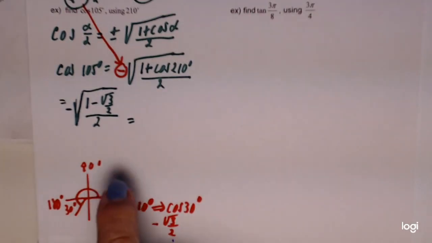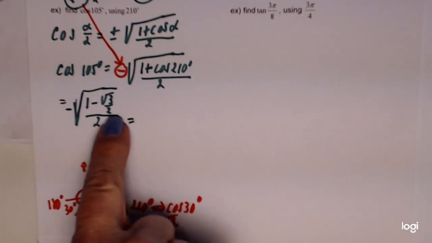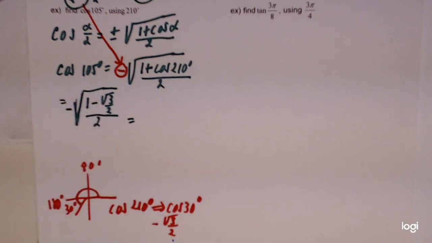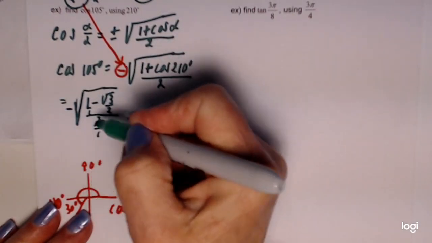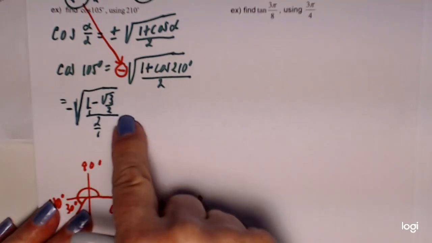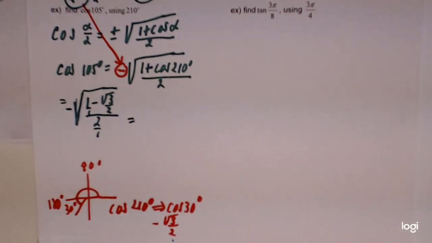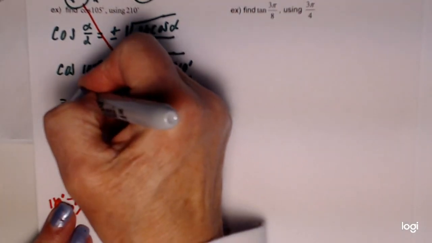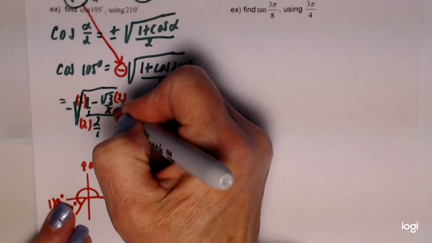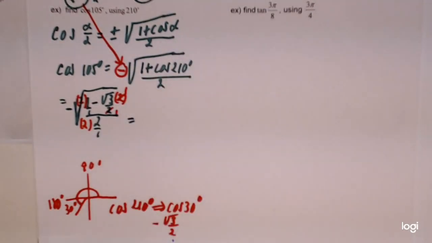So in order to clear this denominator of 2, and I will put these over 1, in case you need to see it, our denominator is 1, 1, 2. We're going to multiply everything by 2 to clear that fraction there. So this 2 and this 2 cancels.